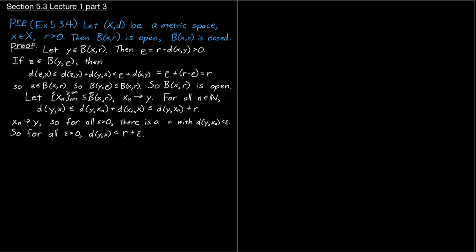The only way that can be true for all positive epsilons is if the distance from y to x has to be less than or equal to r, and that's exactly what it means for y to be in this closed ball.